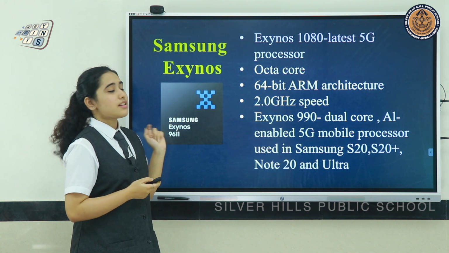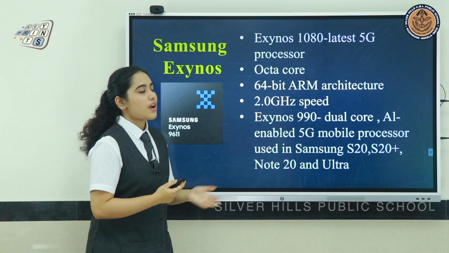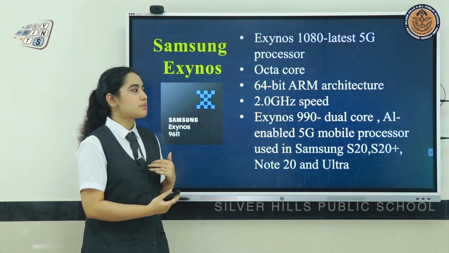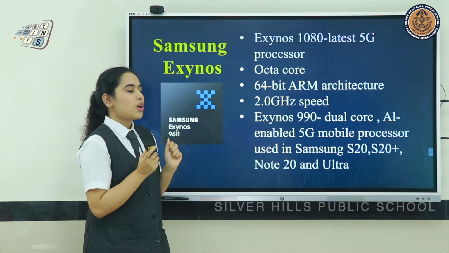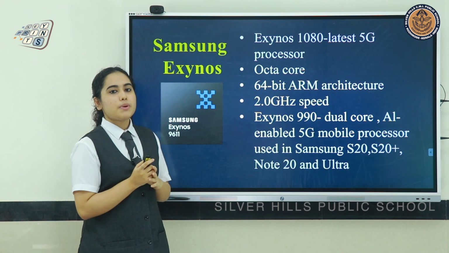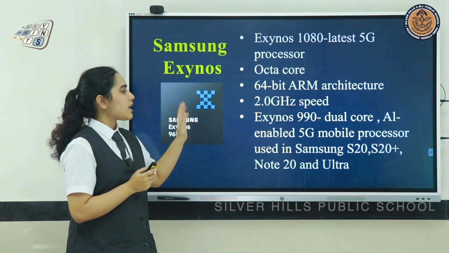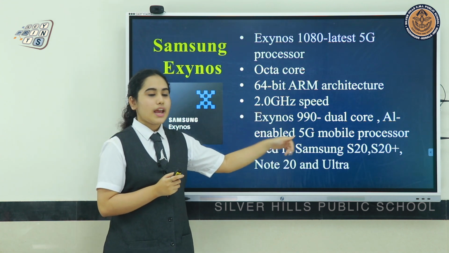Next and last is Samsung Exynos. Now Exynos 180 is the latest 5G processor. So Samsung these days mainly provides 5G processors, and it is octa-core, and again 64-bit ARM architecture. The speed is 2.0 GHz. Another one is Exynos 990, which is again dual core and AL enabled.